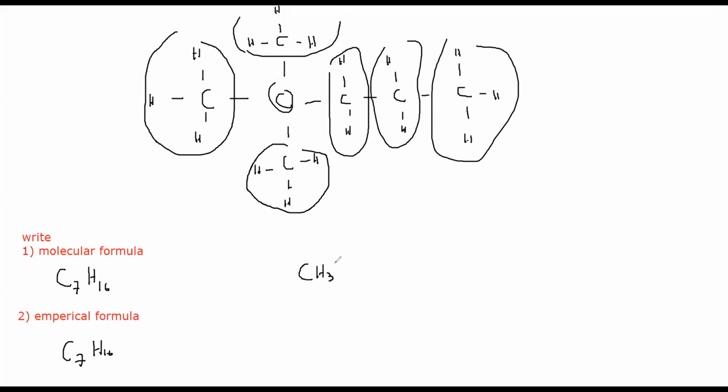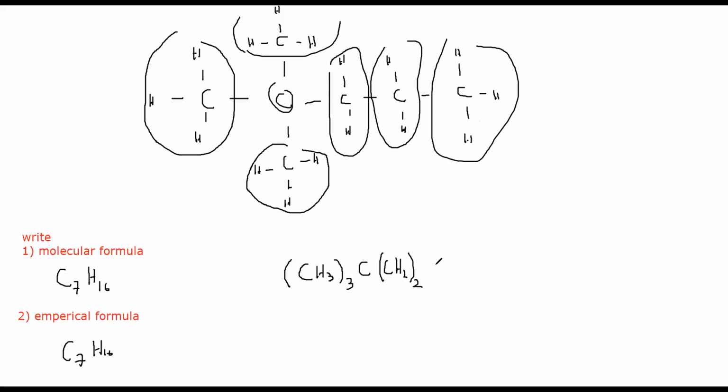So I can write CH3 in a bracket with 3, because I don't want to show detail. Then they are bonded with carbon, so I show carbon. Next to this carbon is CH2, then next to this carbon is also CH2. So if there are two, I can put CH2 in a bracket with 2.